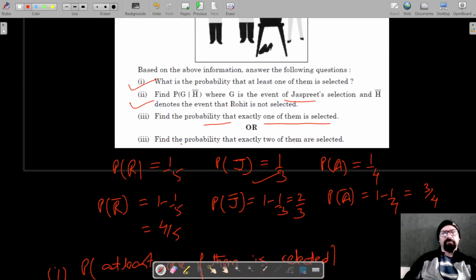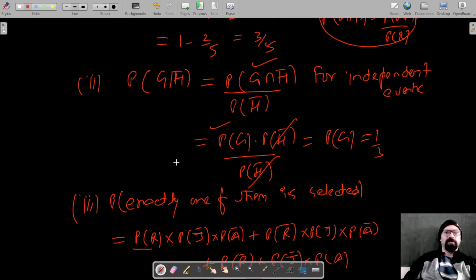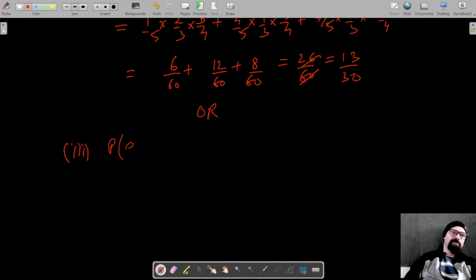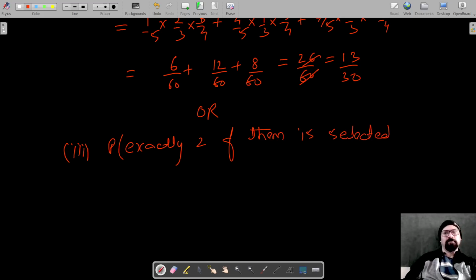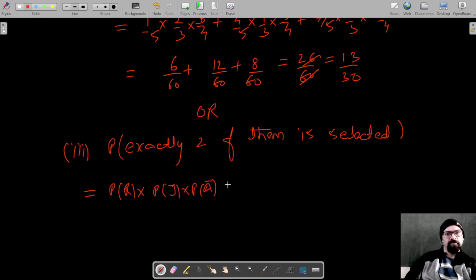Okay, now let's do the OR part. We have to find the probability that exactly two of them are selected. Probability means we have to select two. So Rohit is selected, Jaspreet is selected, and Alia is not selected.